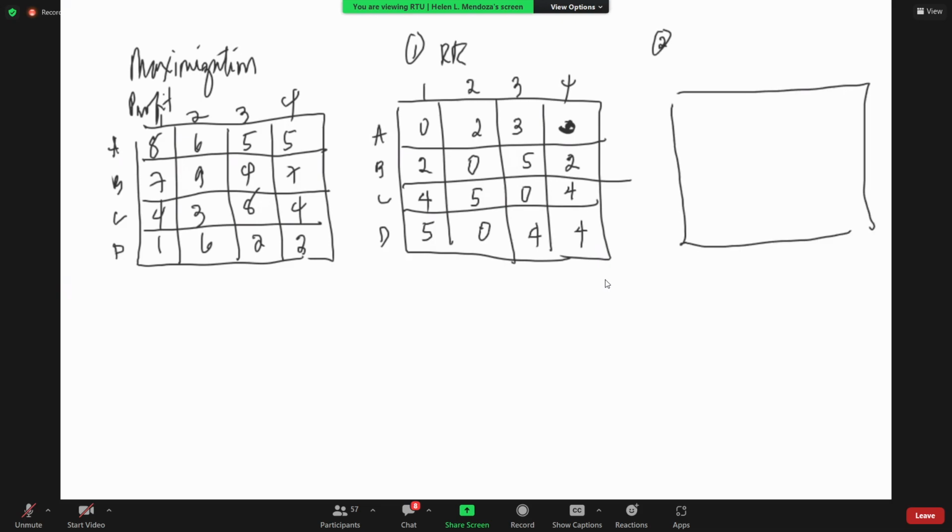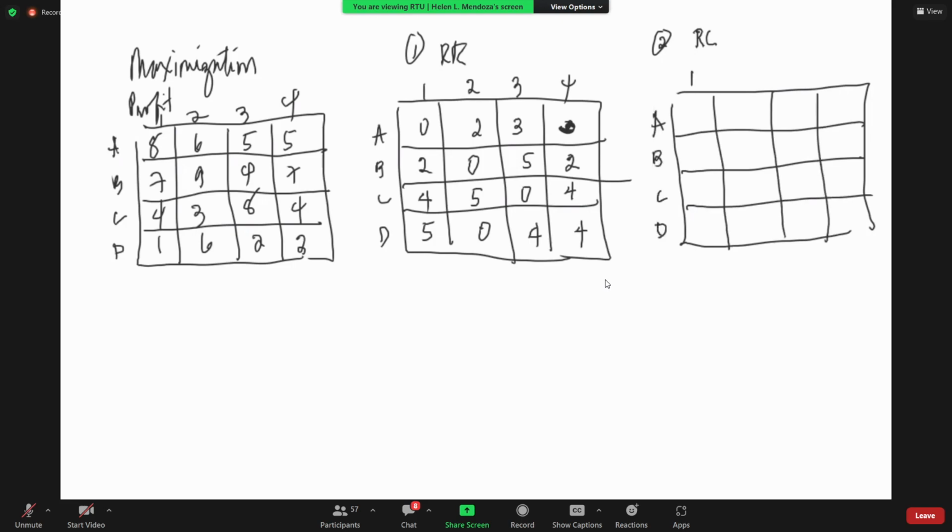Column, no? Reduce row, reduce column. Eto na ngayon. Ang catch, sabi, ano naman ang gagawin ko kung meron diyang number, column na walang zero?